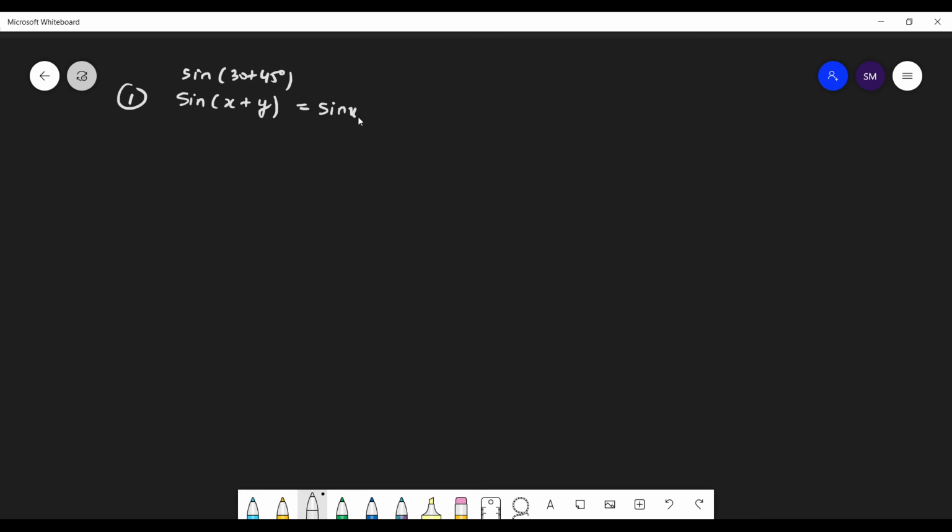Now you can break this cos 100 also: cos of 90 degree plus 10 degree. So what do you get, students? This 2 will cancel out and this minus minus will become a plus. So 1 by 2, 3 by 2 plus sine 10 degree. Now what will this be? Whenever we have 90 degree, cos will change into sine 10 degree. And 100 is in the second quadrant, where sine is positive but other trigonometric functions, cos, are negative.